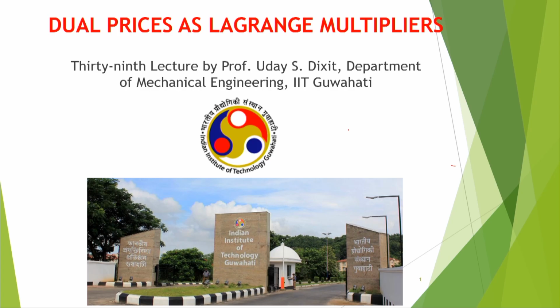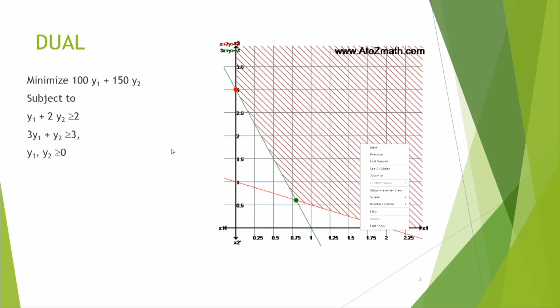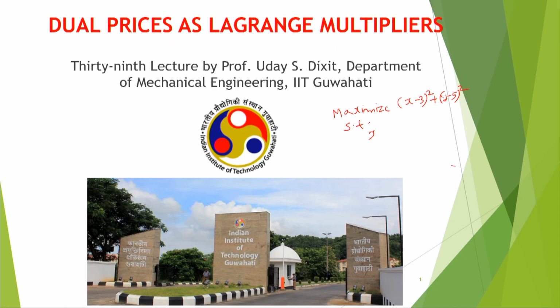Sometimes we have problems like, say, maximize (x minus 3) square plus (y minus 5) square, subject to x plus y equal to 10.